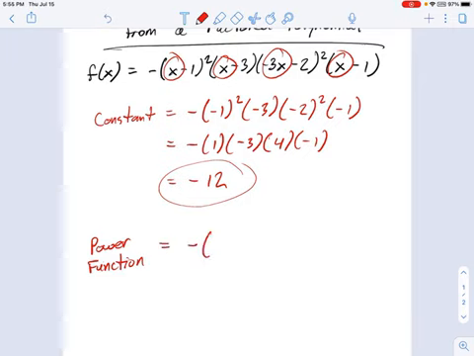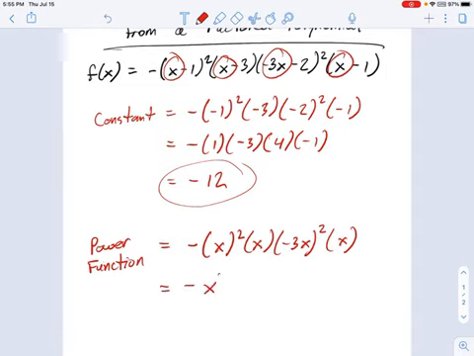So we have negative x squared times x times negative 3x with the squared on the outside of it times another x. And if you look back at the original form of this function, see those x's that I circled in there? You can see where these parts are coming from. So let's just work through this.